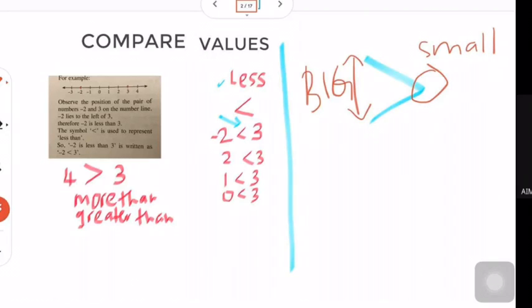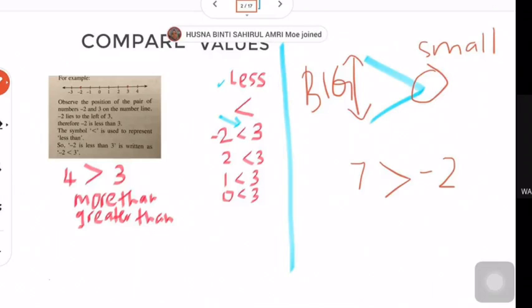For example, we have 7 and -2. How do we write the symbol? Who is bigger? 7. 7 has a greater value, so the big side must be at 7. So we write 7 is greater than -2. Let's say we have 4 and 10. How do we write the symbol?